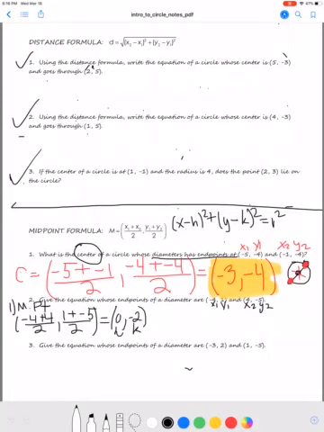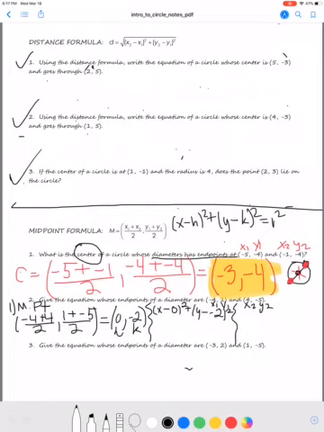Alright, so if I were to put this in my skeleton form of the equation, I'm going to try and fit it all in right here, so I can leave the other side to do stuff. It's going to be x minus h. Well, h is 0, 0 squared plus parentheses y minus k, k is negative 2, squared, and that's going to be equal to my r squared, but we don't know r yet.